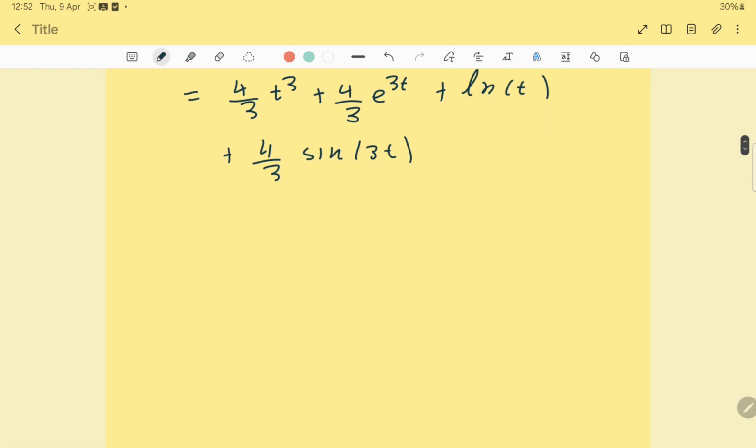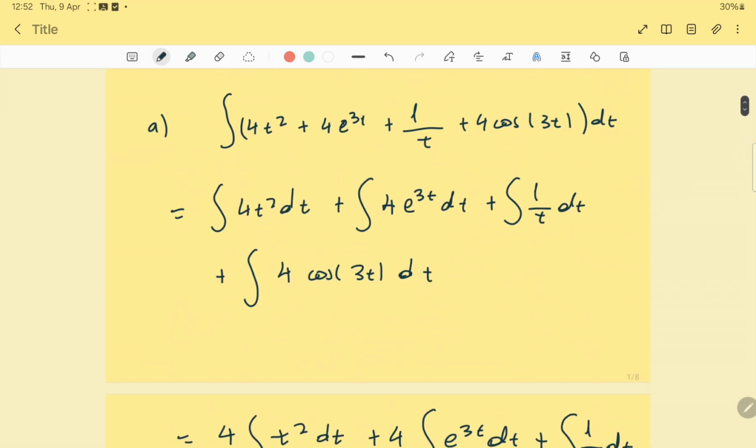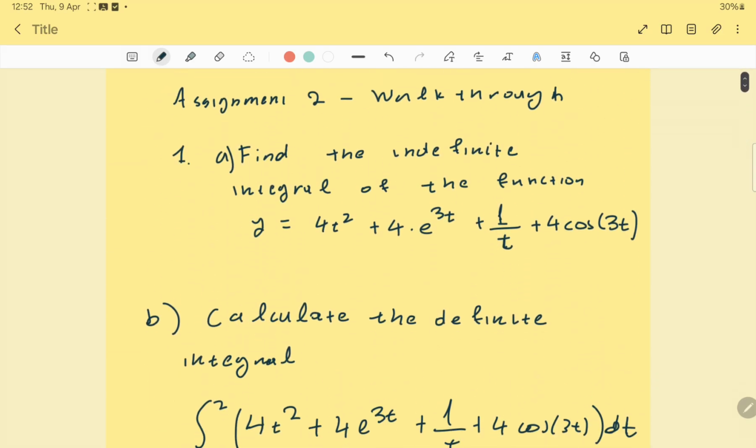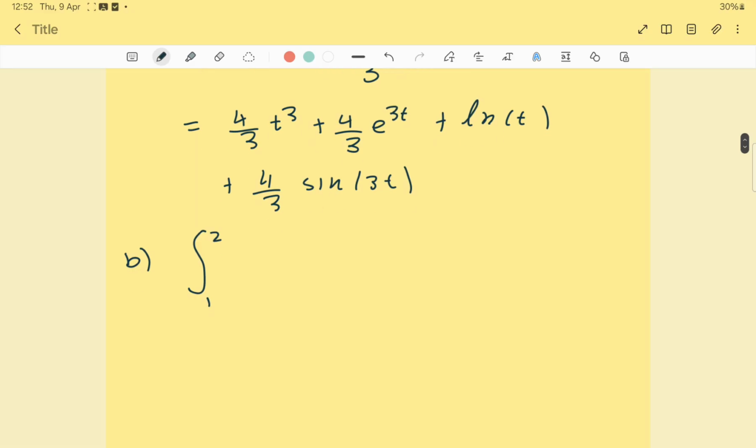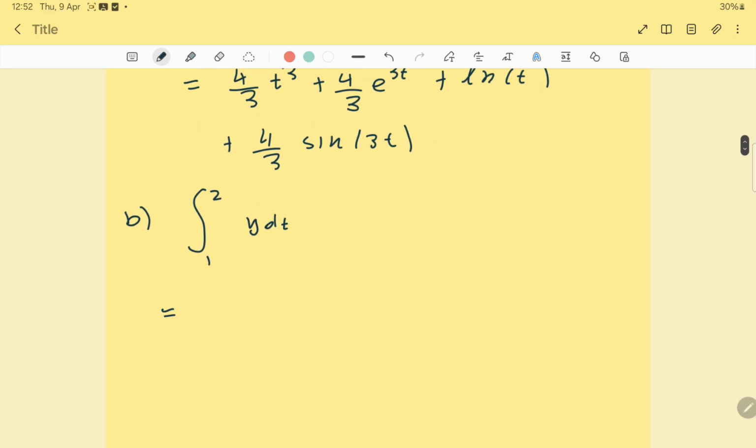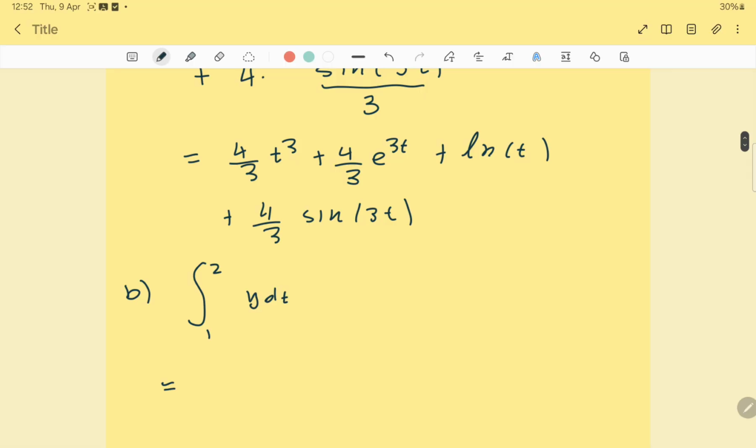Now for the second part, we want to compute the definite integral from 1 to 2 of the function y dt. We already have computed the indefinite one.